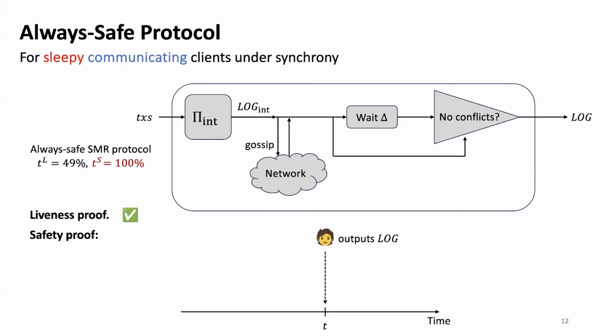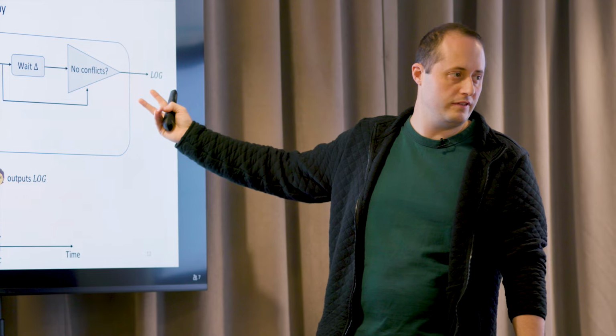What about the safety side? Suppose there is an honest client that outputs a log. Then that client has gossiped that log at least delta time before. So by this point in time, that log together with that certification has been received by all other honest clients. When could another honest client possibly output anything conflicting?